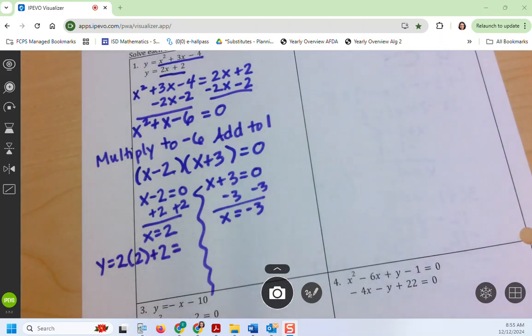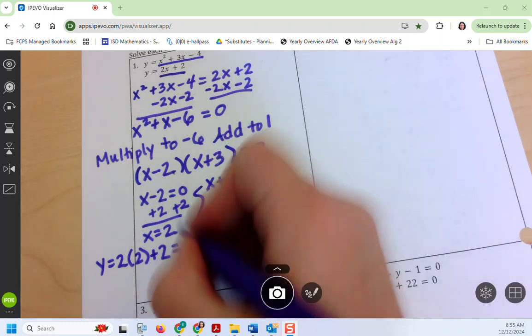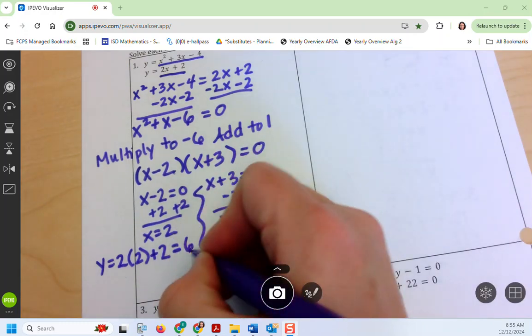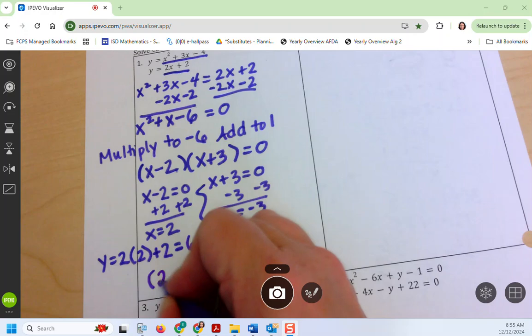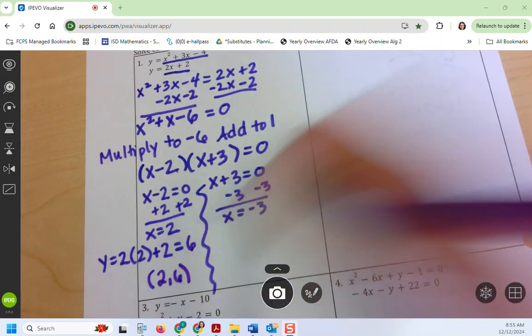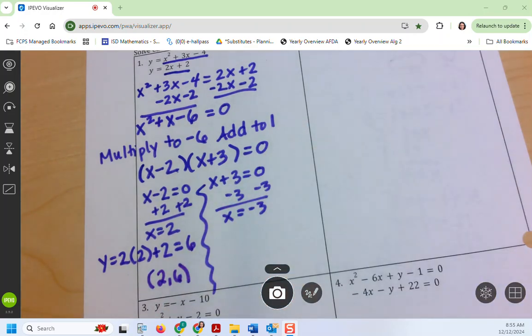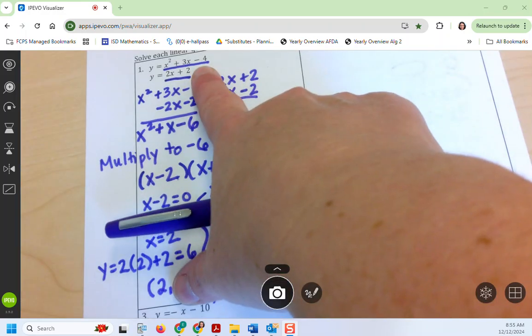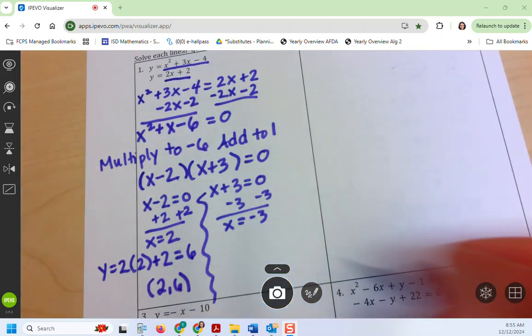You guys get 6? Okay. All right, so when x is 2, y is 6, so that point is (2, 6). And then you do the same thing with the -3. I'm going to still put it in the linear equation because that's easier. There's no reason to switch to the harder equation.